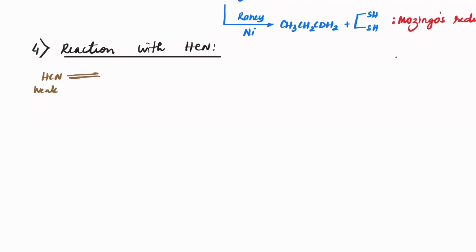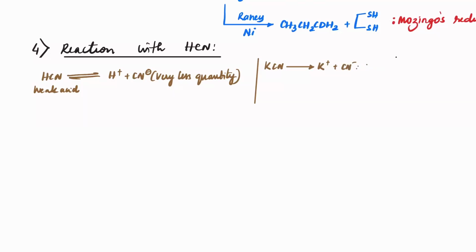Keep that in mind. Since it's a weak acid, the concentration of CN minus is quite less, very less quantity. That's the reason why we add KCN, which will ionize completely as K plus and CN minus.